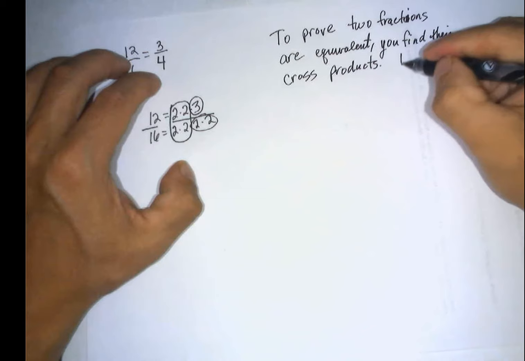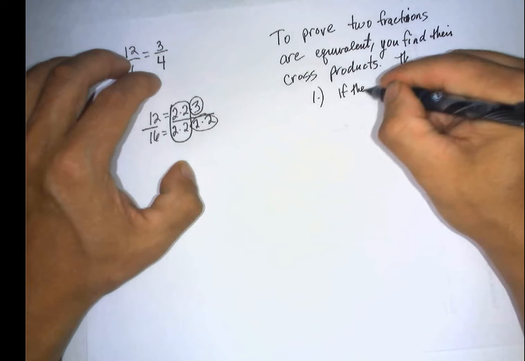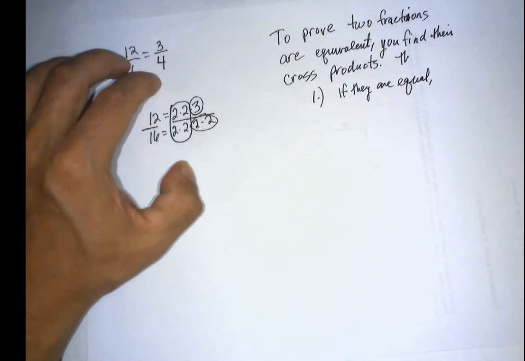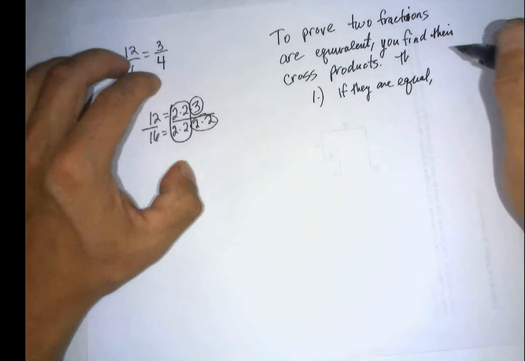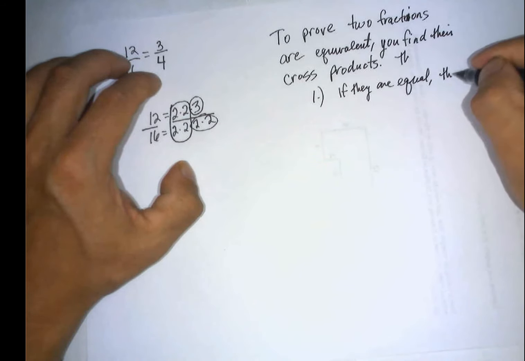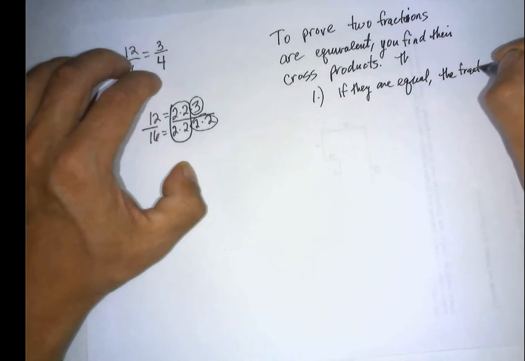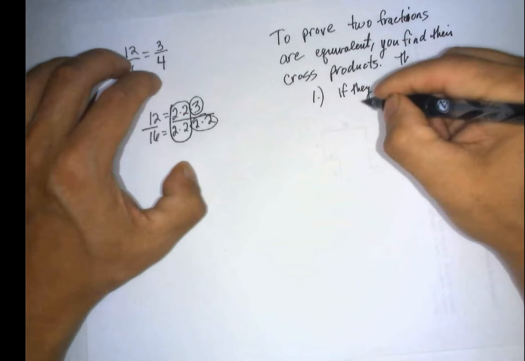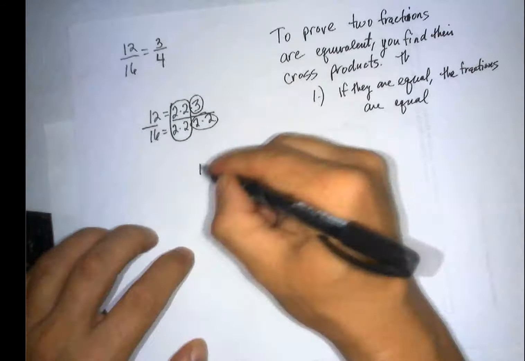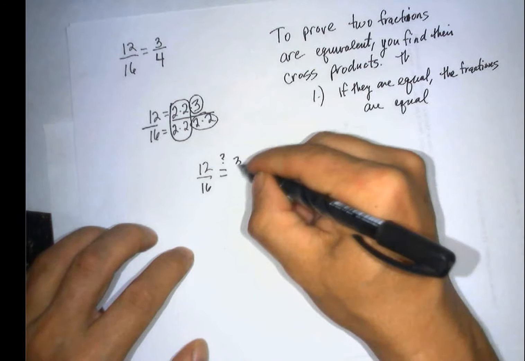If the cross products are equal, the fractions are equal. For example, 12/16, is that really equal to 3/4?